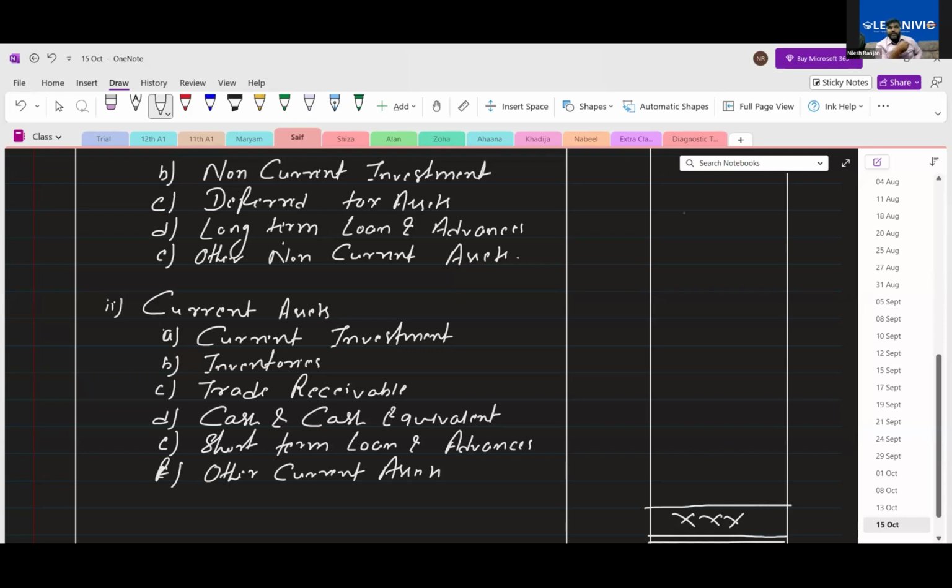Otherwise, they will ask a question in this way: this item will go under which heading or subheading. In that case, if you don't memorize it, it will not be solved in the examination. So please memorize all of them. Then we will discuss some questions so that you understand how it is to be written.